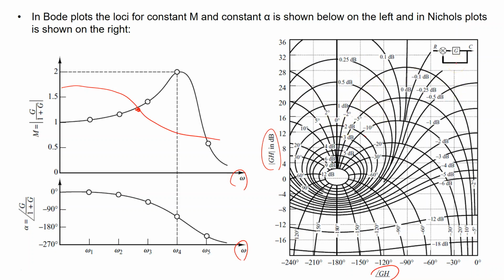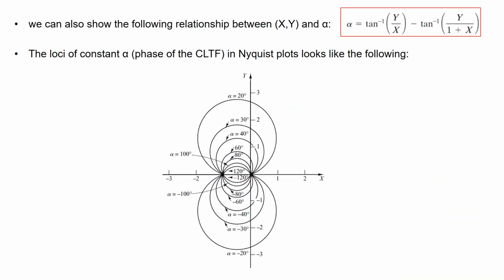So this is a complicated grid, but it is easier to make a curve tangent to these circles or ellipses of constant M versus doing it in the Bode plot. So we always choose this shape versus this one whenever we want to solve that kind of problem.